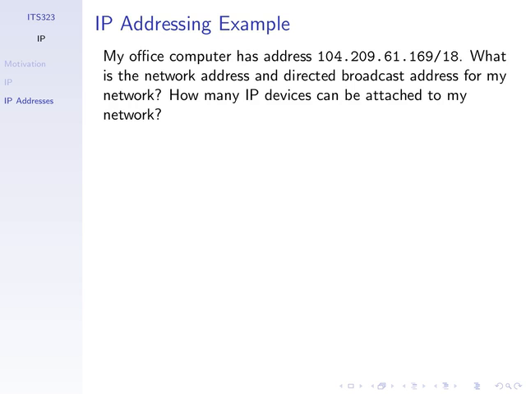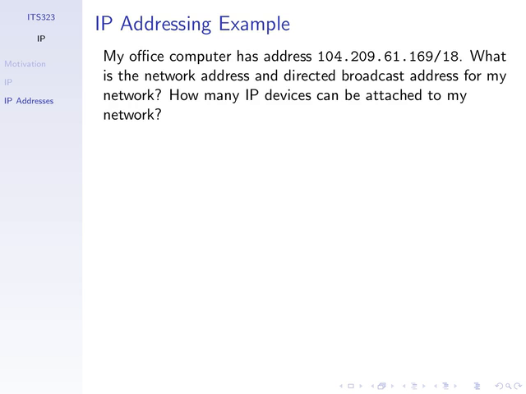If we convert back to dotted decimal notation, we haven't changed these 8 bits, so we get 104. We haven't changed these 8 bits, so we get 209. These 8 bits give us 0 and 0. That's our network address, 104.209.0.0.